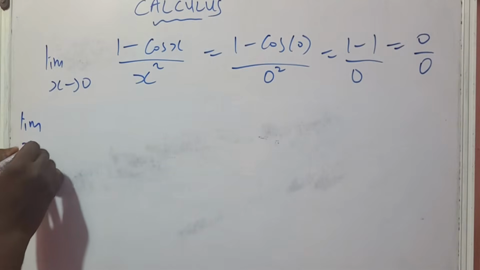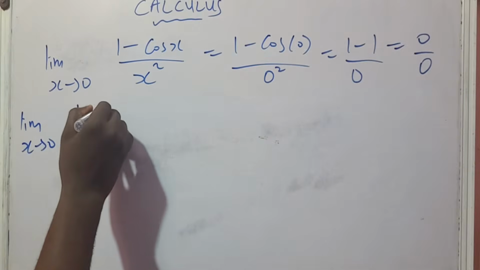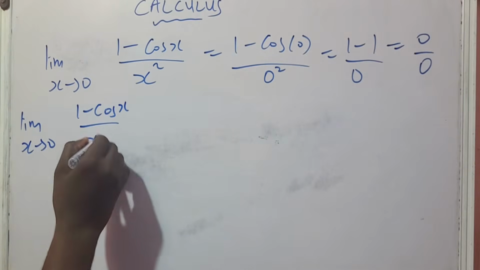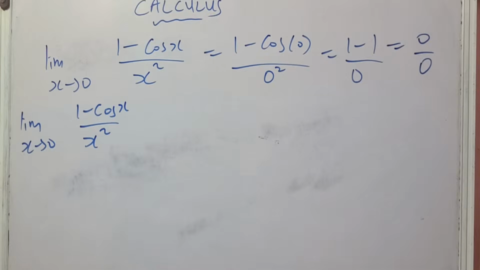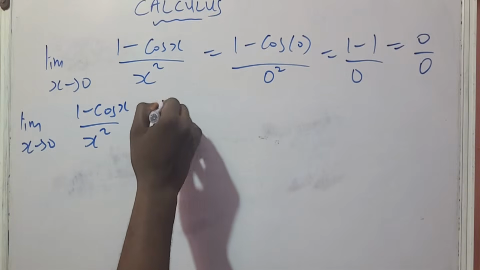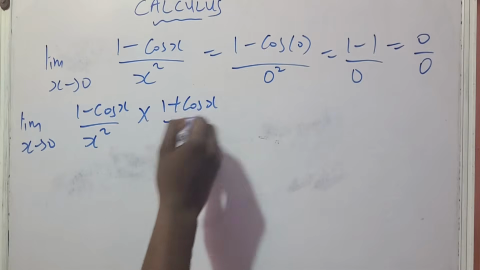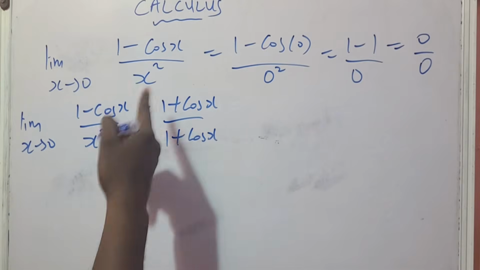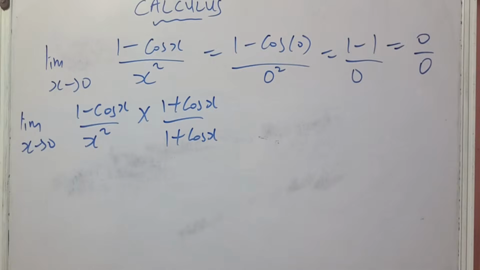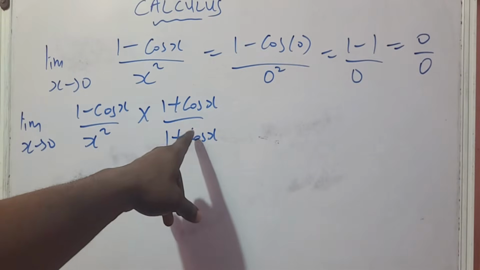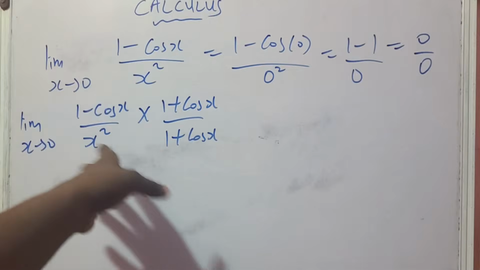So I have this 1 minus cos x over x squared. What do I want to do right now? Understanding mathematics, I know that I can go on to multiply by 1 plus cos x over 1 plus cos x. Of course, I have told you this before. What I'm doing right here is multiplying by 1, because in the end, this is still the same thing.